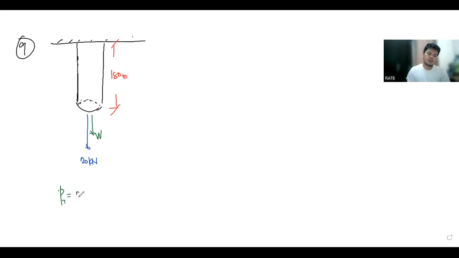That's 20 kilonewton plus the weight. The weight of the rod is equivalent to 77 kilonewton per cubic meter times the volume.